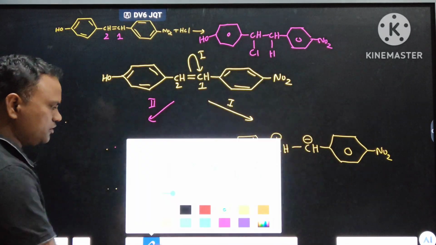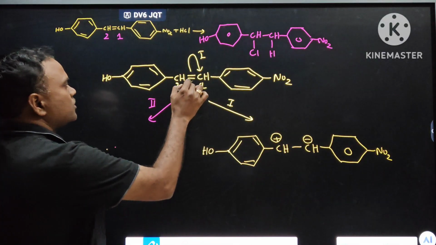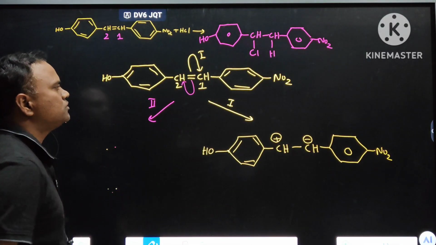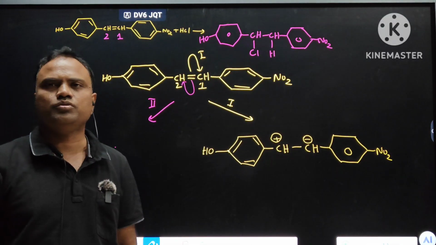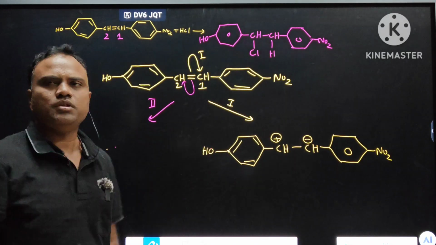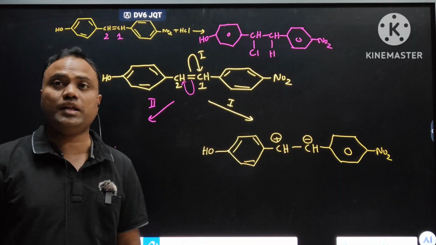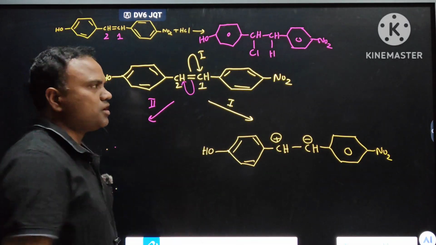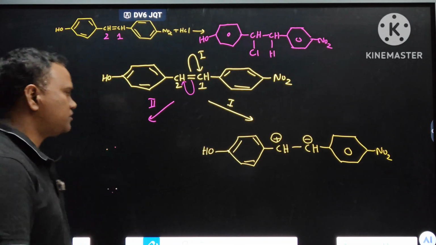Let us see the second path. Shift the pi bond to the second double bonded carbon, right? Then the second double bonded carbon will get a negative charge, and the first carbon will get a positive charge. Write that.